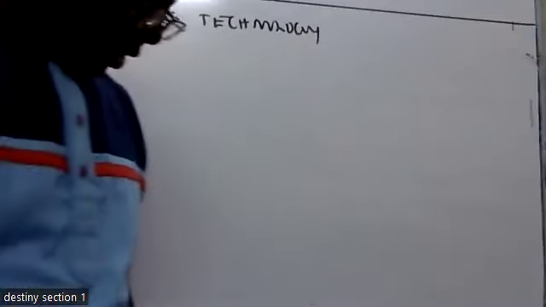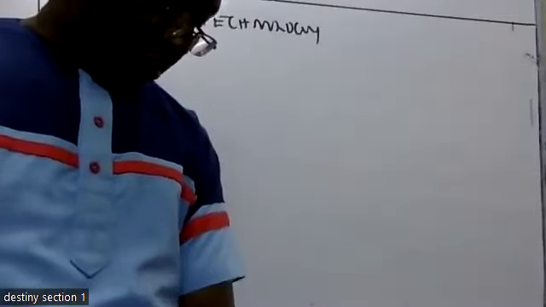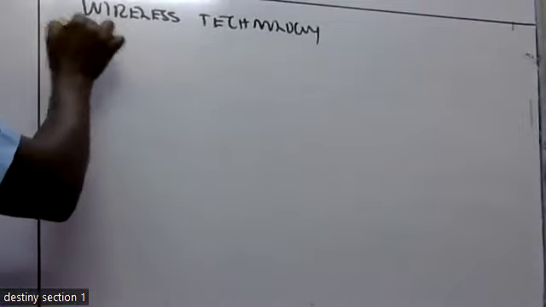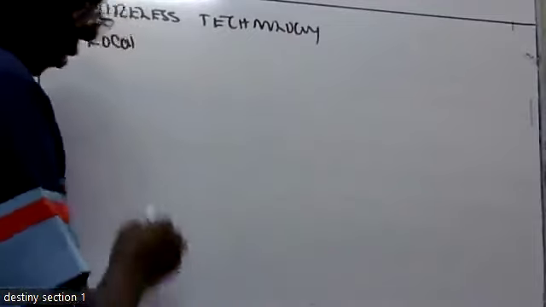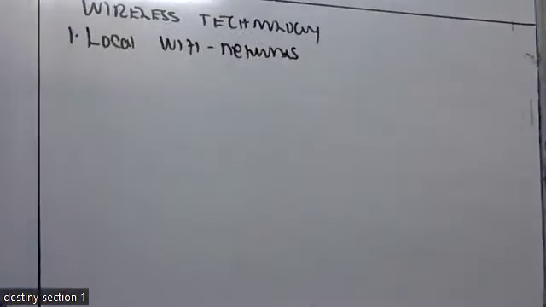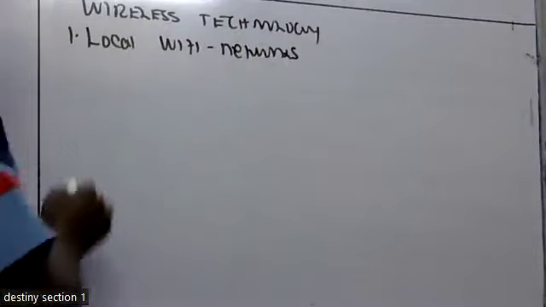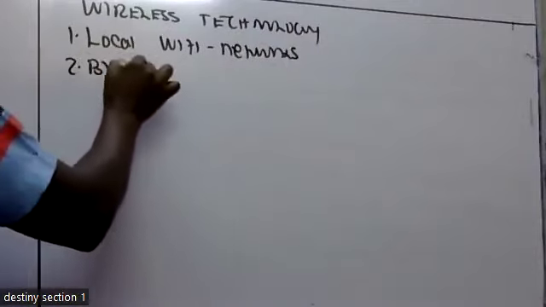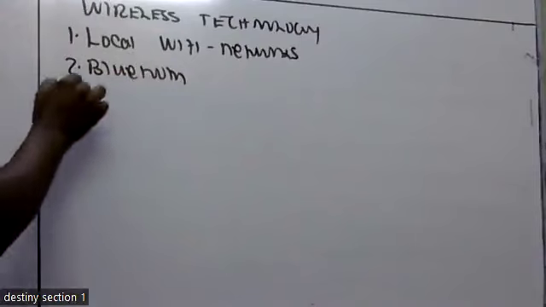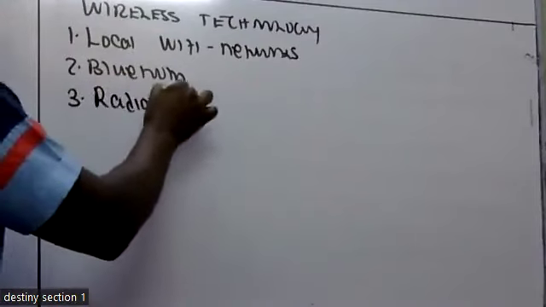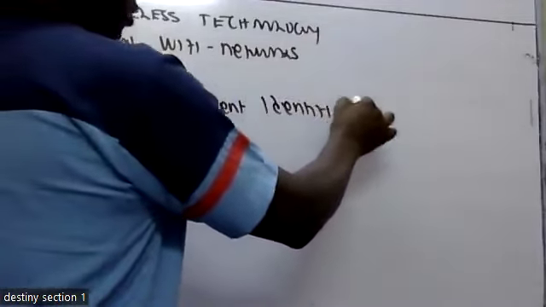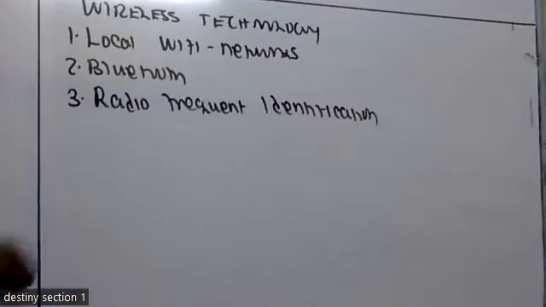The most common include, one, local Wi-Fi networks. That's part of wireless technology. Another one is Bluetooth, we know this so well. Another one is radio frequency identification, the ones used by security personnel for security issues.